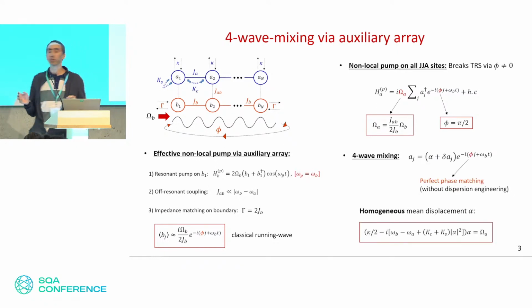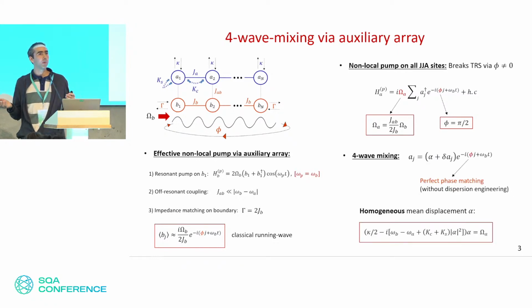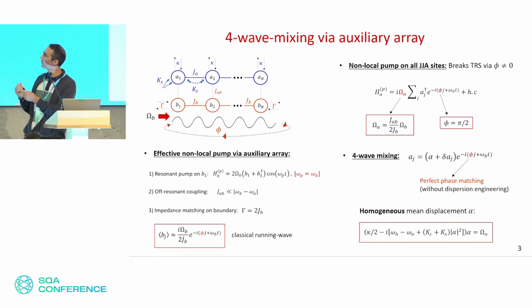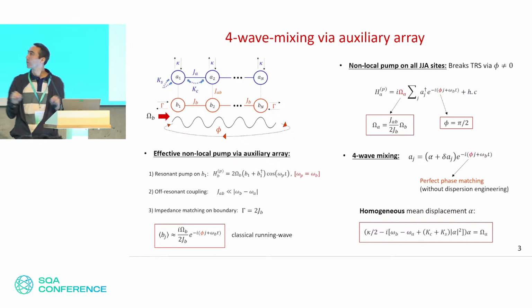And we can use this pump to do 4-wave mixing and make an amplifier out of it. When we do 4-wave mixing, we drive strongly and displace all the modes on each site by an amount alpha, and around it there will be some quantum fluctuations, delta a_j. What is very nice about this implementation is that the same phase phi that comes from the pump provides perfect phase matching along the JJ array, and you don't need to do dispersion engineering, so the array can be completely homogeneous.